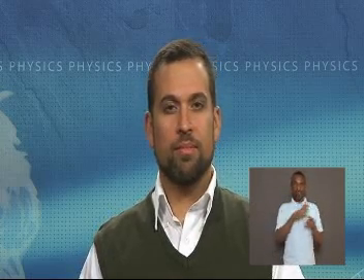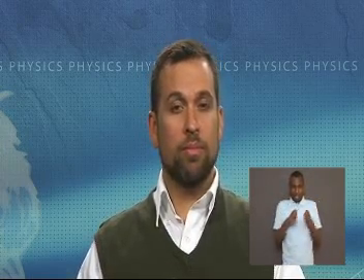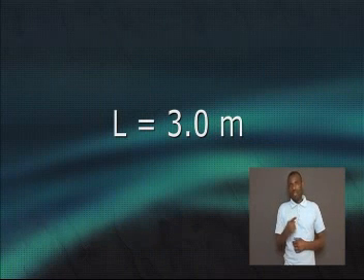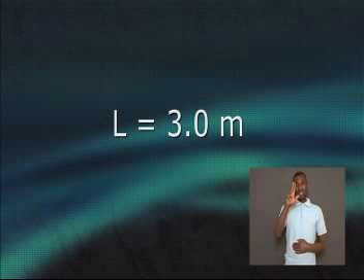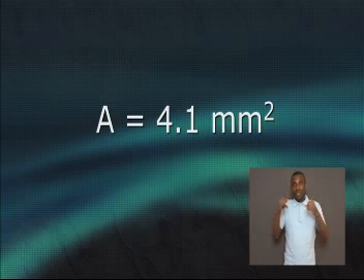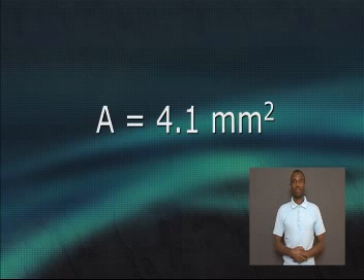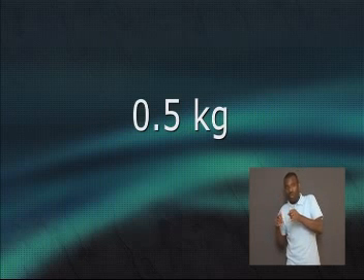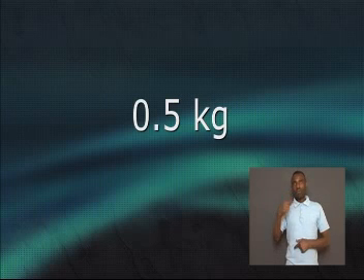It is time for another activity, students. We will solve an extension problem using a Young's modulus. Let us say that a 3-meter long steel wire has a cross-sectional area of 4.1 millimeters squared. It hangs from a tall support, and a load of 500 grams is attached to its end.